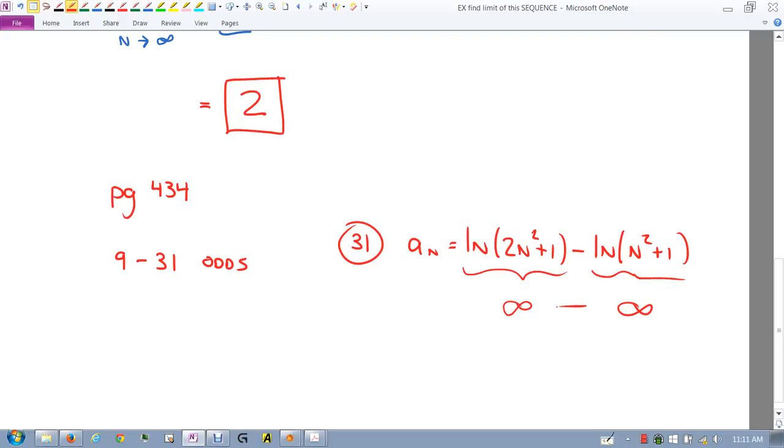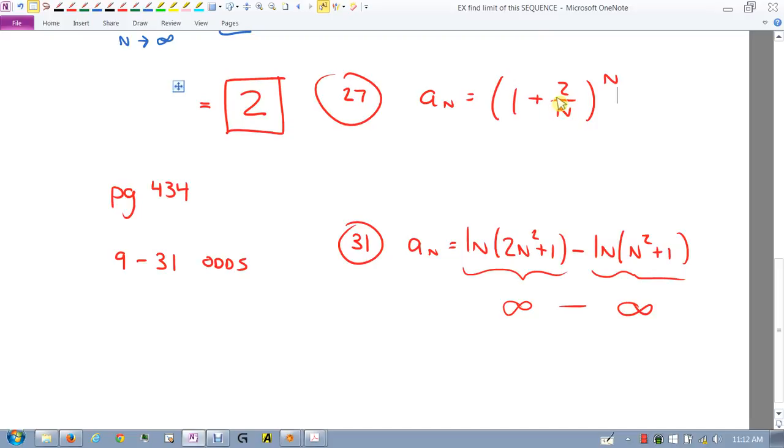27 is another one that you might need a little guidance with. A sub n equals (1 plus 2 over n) to the n. What would happen as n goes to infinity on that? You get 0 here, right?